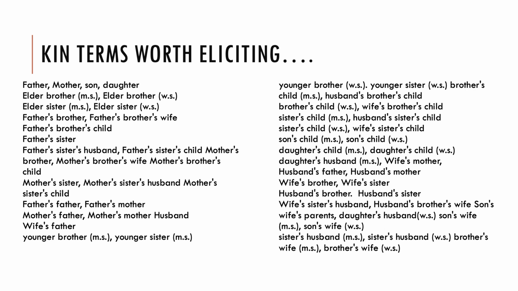You might want to know about whether there are age differences and how you talk about brothers or sisters, whether the side of the family matters, father's brother, father's brother's wife, father's brother's child, father's sister, right? All of these different detailed relationships to see who is grouped together and who is made distinct. And also how marriage is treated in the system and how we relate to affinal relationships as opposed to consanguineous relationships.